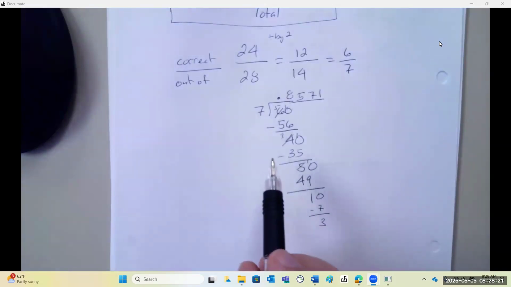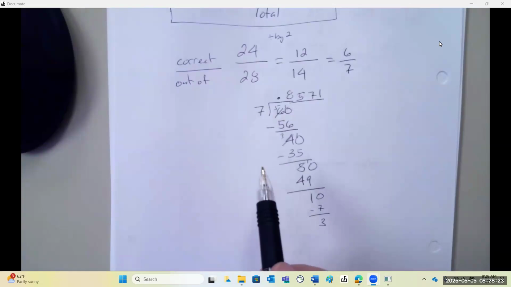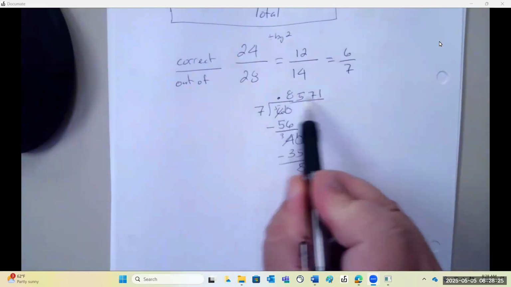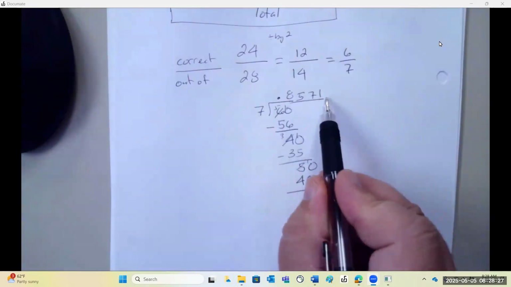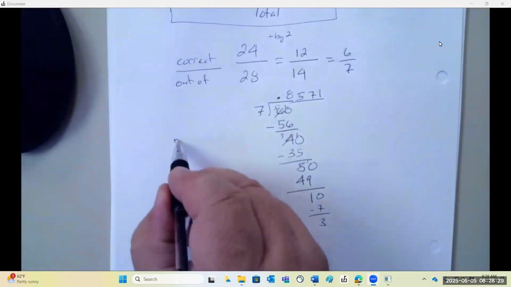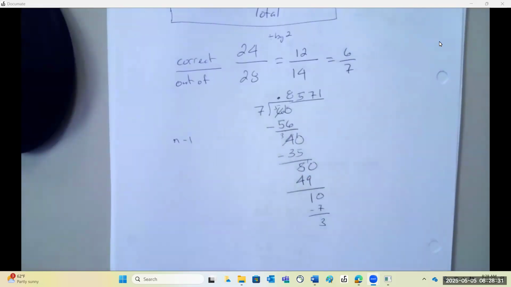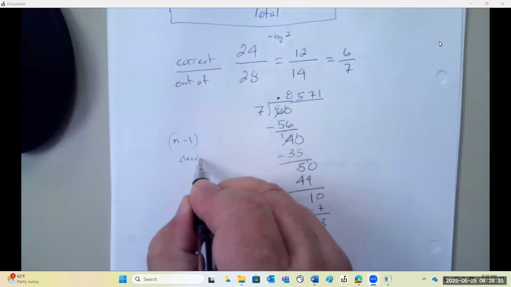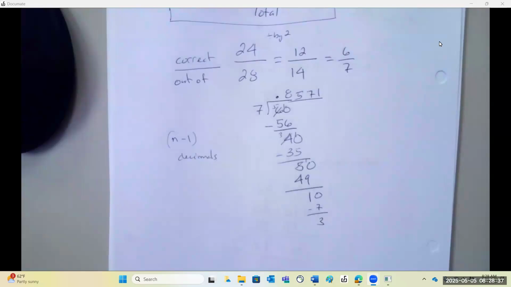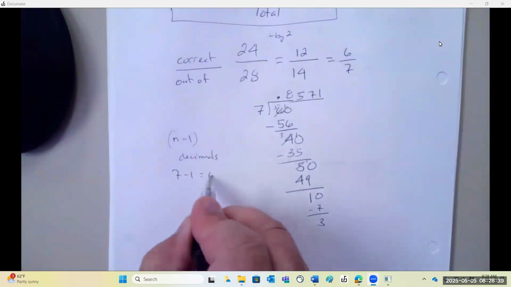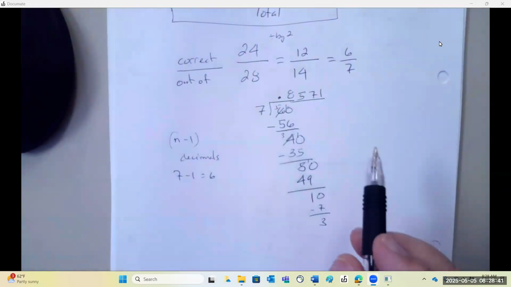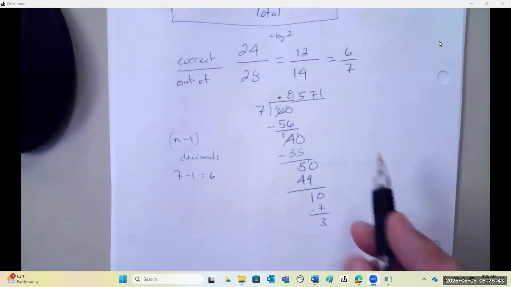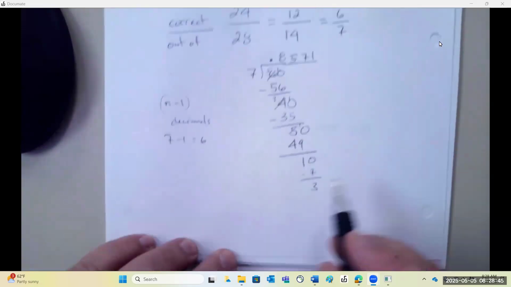Because if it's a rational number, then the most decimals we'll have before it repeats itself is n minus 1 decimals. So we'll have 7 minus 1. So we have 4 here. Let's keep on going till we get a repeating number.